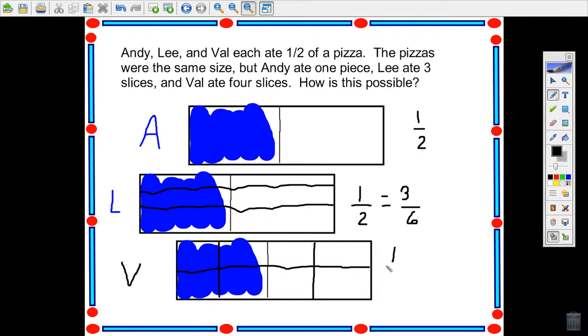So she also ate half the pizza. But look how her slices are smaller. She ate 4 out of the 8 slices.